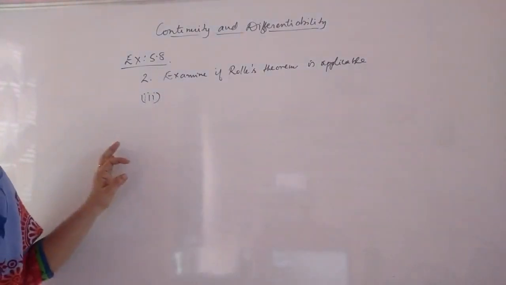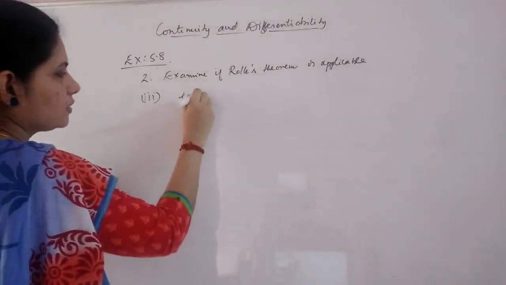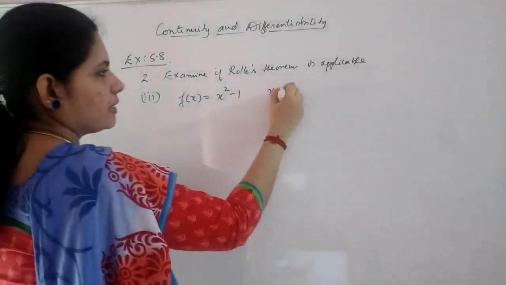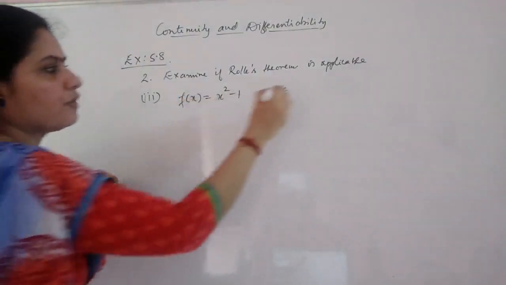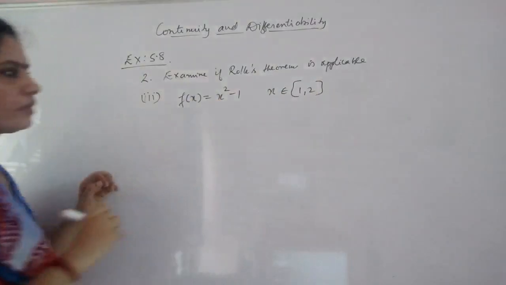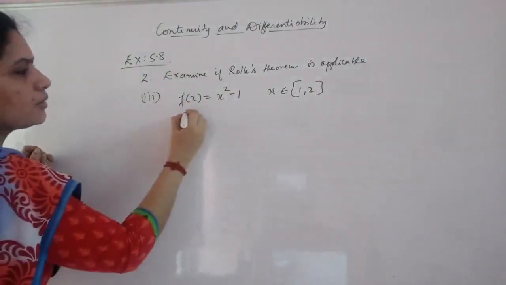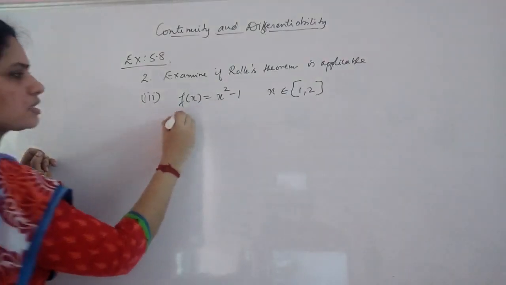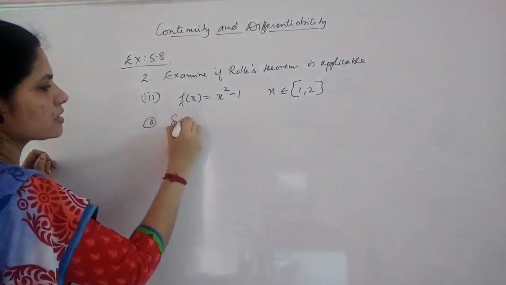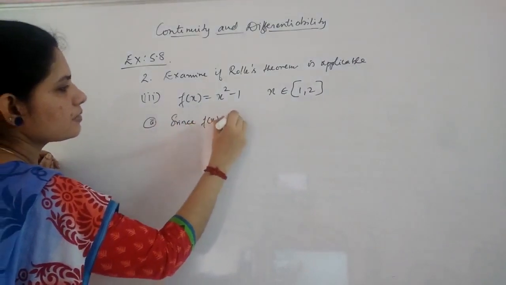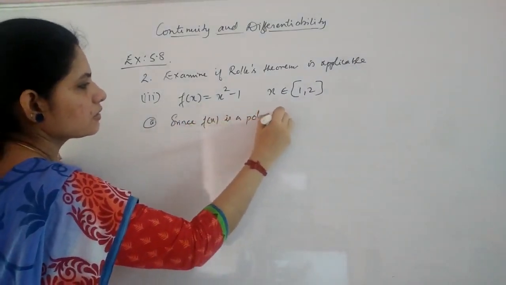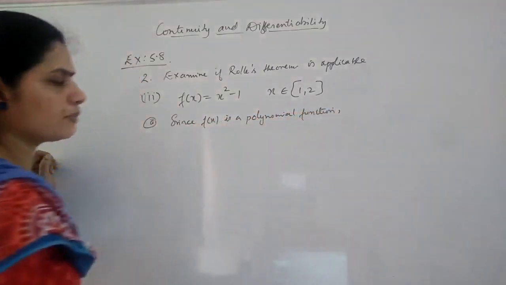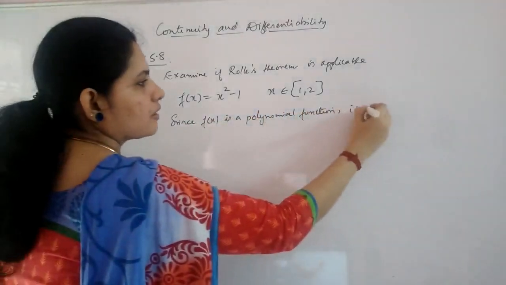For the third question, you have f of x is equal to x square minus 1, where x belongs to closed interval 1, 2. Since this is a polynomial function, for your first condition, it is continuous.